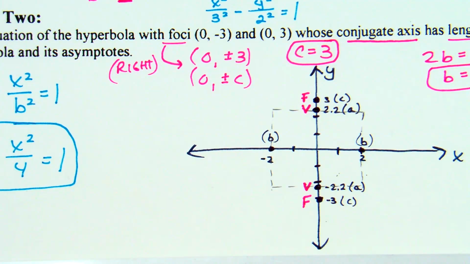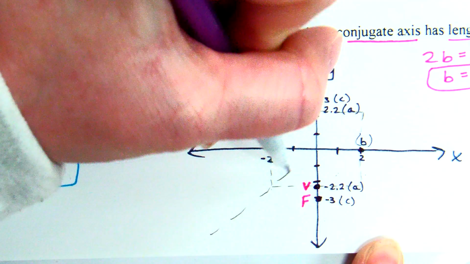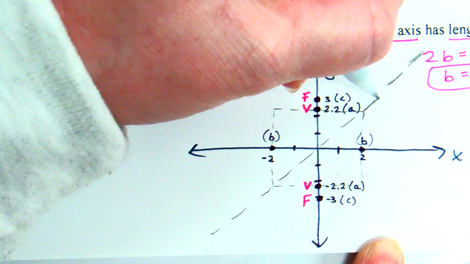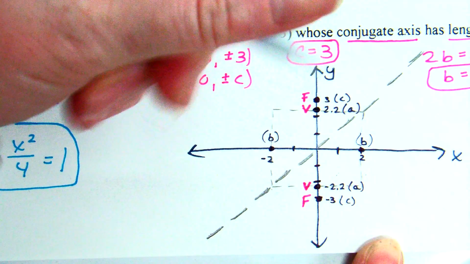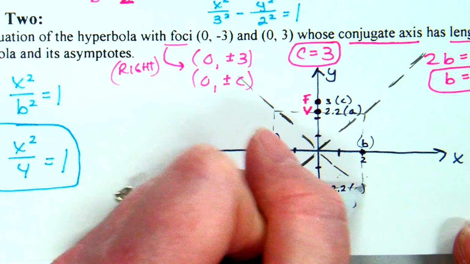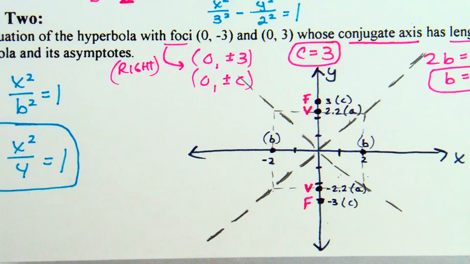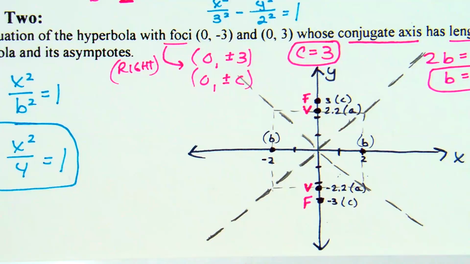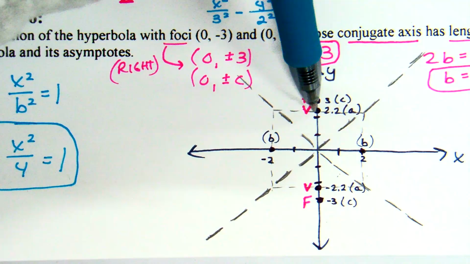So when I draw in my asymptotes, they're going through the diagonal corners. They also should be going through your center, which in this case, my center is 0, 0. Yes, I want to see your asymptotes. Yes, I should see that box drawn in lightly. Now, the asymptotes, all they're doing is they are helping shape my hyperbola. Where do my hyperbolas go through? They go through your vertices, which are your A values.